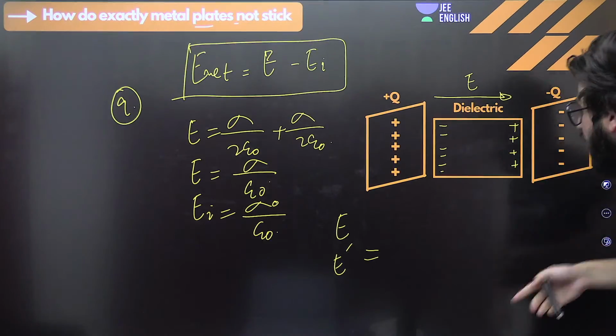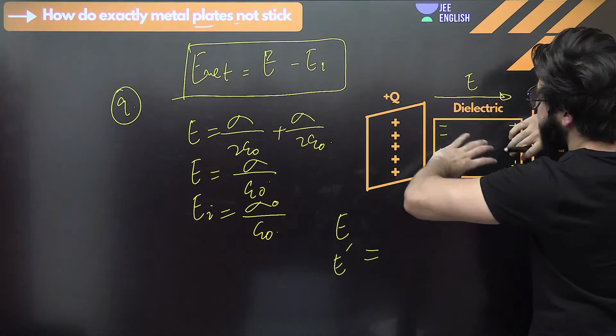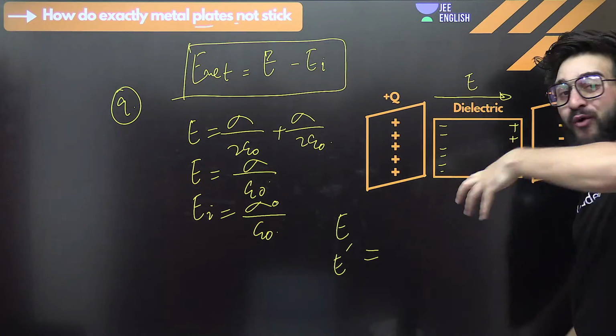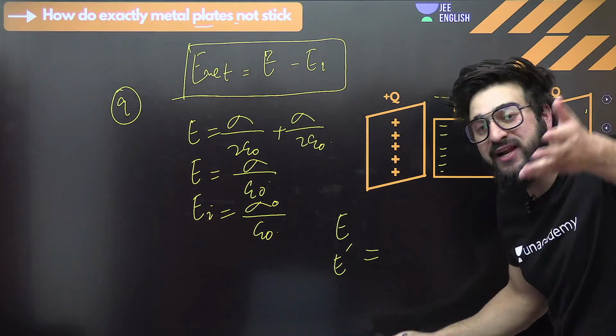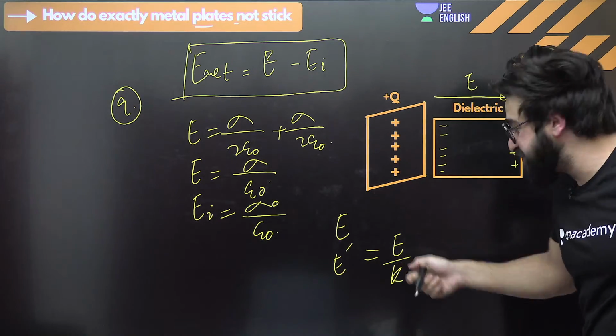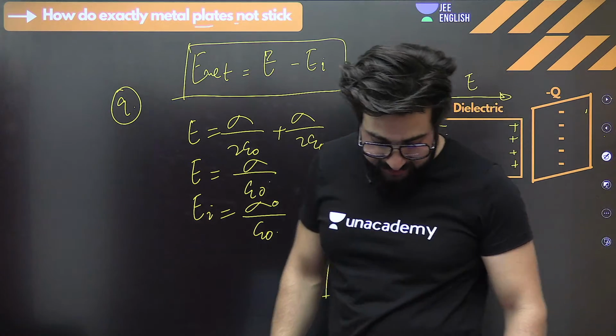Can I say this E naught is the electric field without the dielectric? If I say without the dielectric the electric field between this is E, then after placing the dielectric, what happens with the electric field? You will say, sir, the new electric field will be nothing but E by K. This is reduced by K times. Just remember this, okay? Fine.